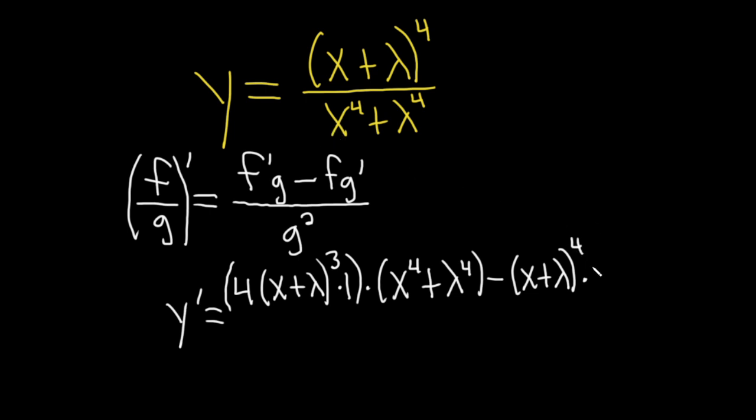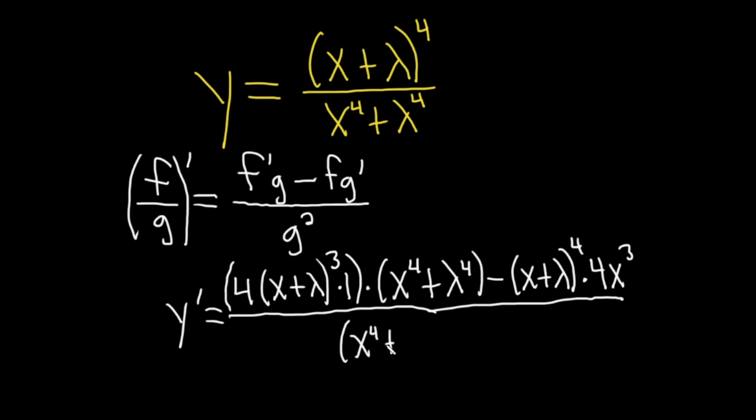That will leave us with 4x cubed. And the derivative of lambda to the fourth is 0 because lambda is a constant, so therefore so is lambda to the fourth. And the derivative of a constant is 0, so we don't write it. All of this is being divided by, wow, it's huge, right? The bottom one squared, so (x to the fourth plus lambda to the fourth) squared.